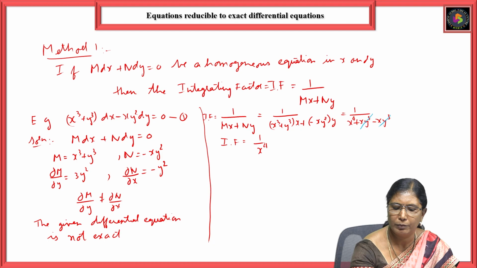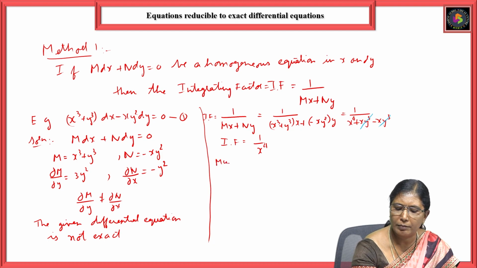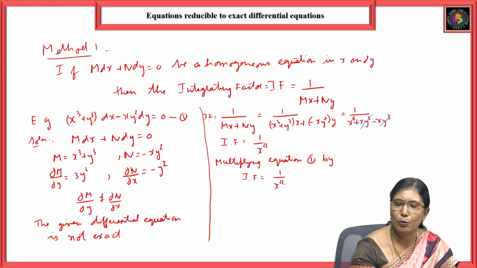So let us check now. Multiplying equation 1 by the integrating factor, which is 1 by x to power of 4.